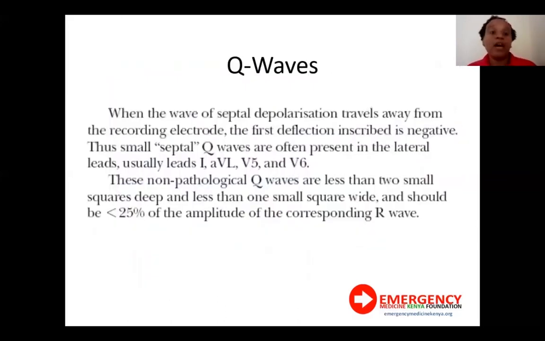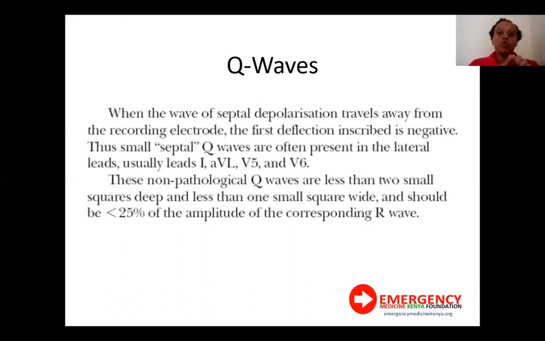And then now we have our Q waves. When we say pathological, we mean that there could be some disease, they may be having a problem. When you have a diseased Q wave, you will definitely see that the patient may have had a myocardial infarction.